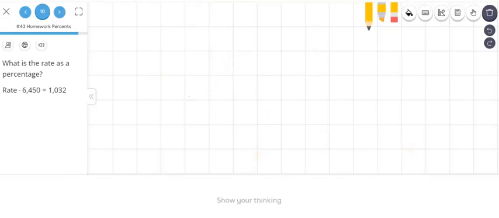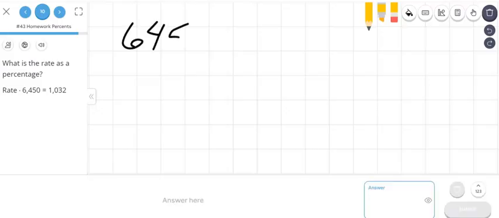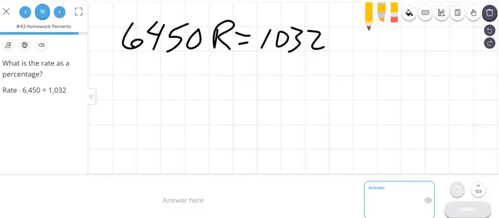Okay, this time we're looking for the rate. So it's 6450 R equals 1032. So we're going to divide both sides by 6450.